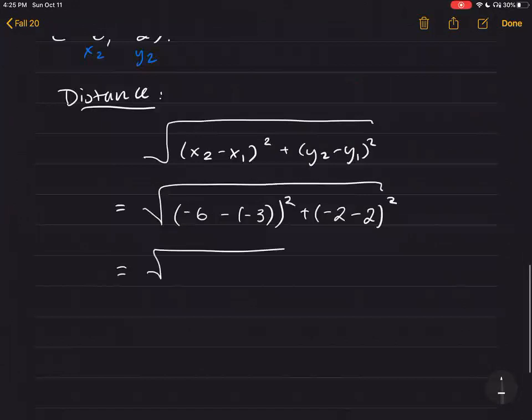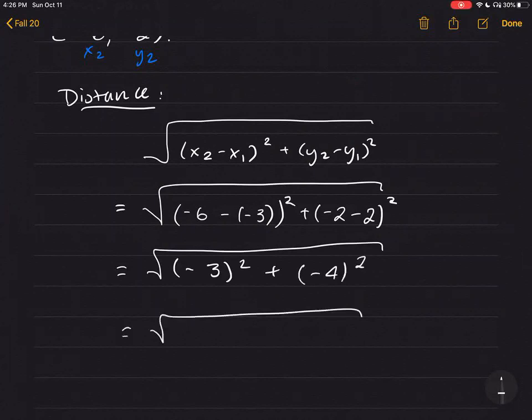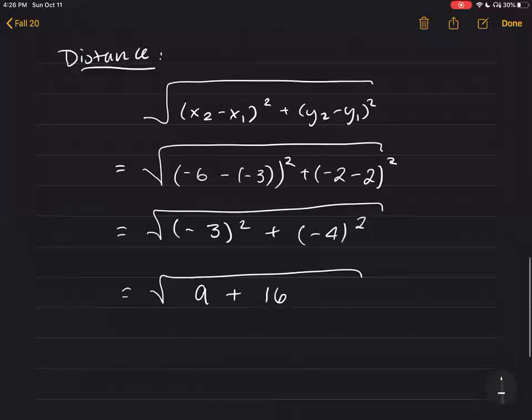And then if we do some simplifying, we get -6 minus -3 is -6 plus 3. So we get -3 squared. And then over here, this becomes -4 squared. And then -3 times -3 is just 9. And then -4 times -4 is 16. And then if we combine these, we get square root of 25, and that is 5. So their distance is 5 units.